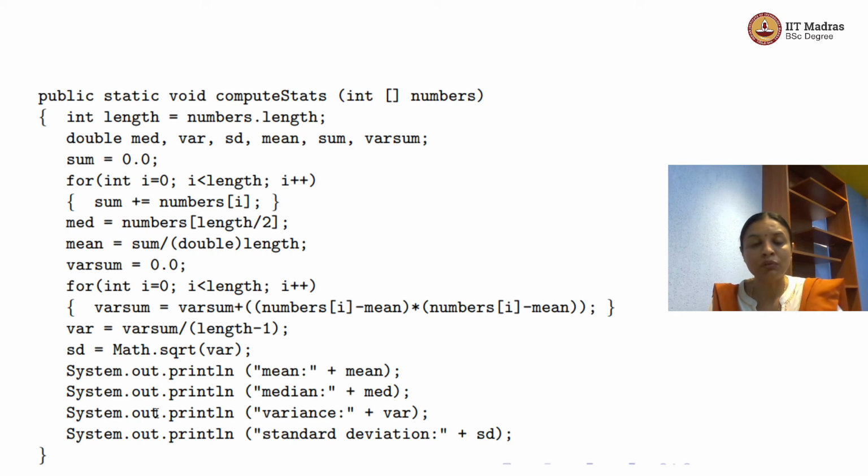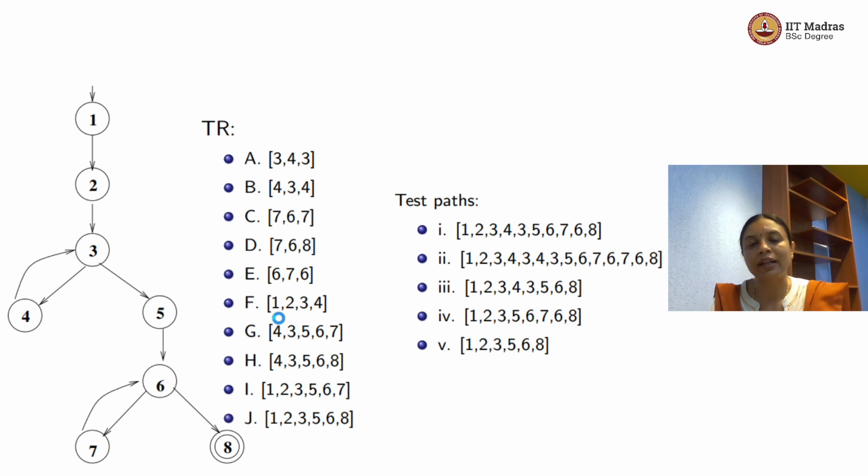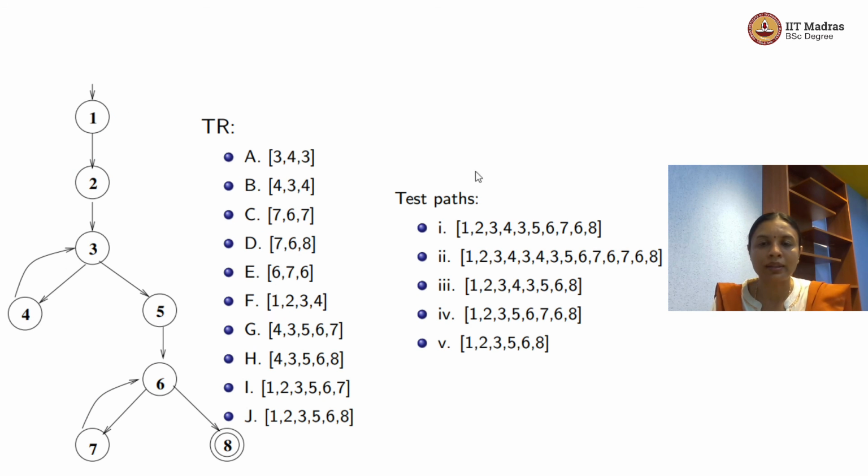Maybe you realized it even without that. There is a risk of division by 0 here when the second for loop is skipped, and prime path coverage will find that error. This path here, 1, 2, 3, 5, 6, 8, will run into the risk of the method doing division by 0, which is an unacceptable error in programming.